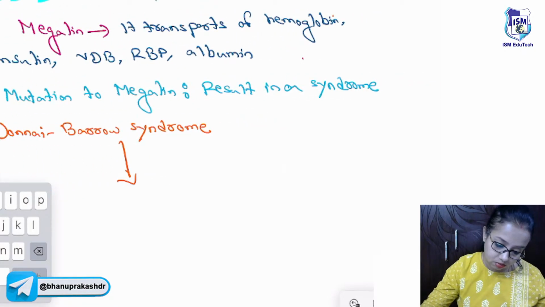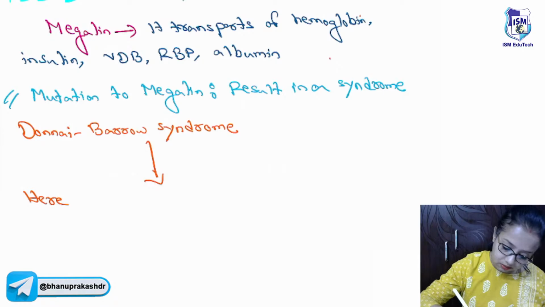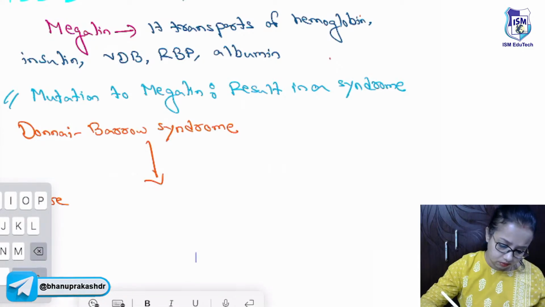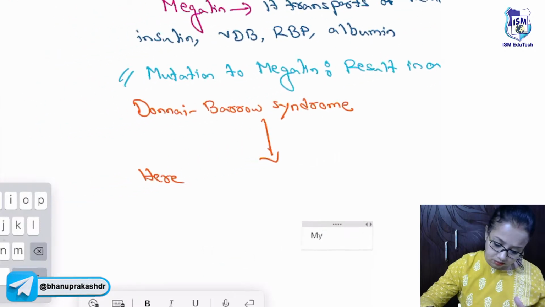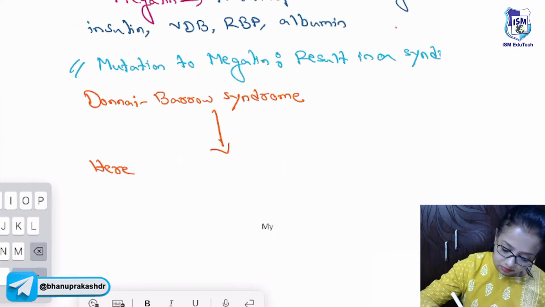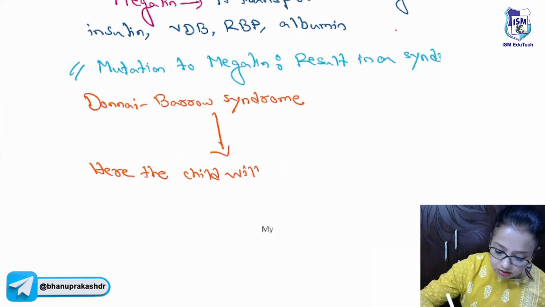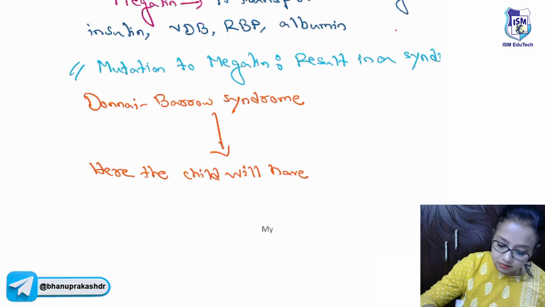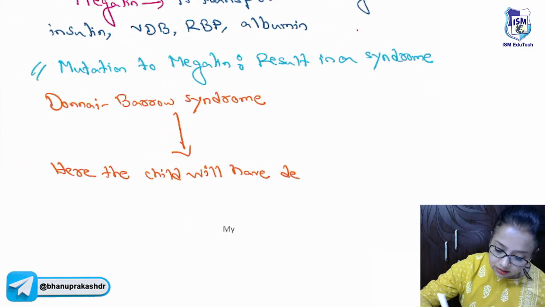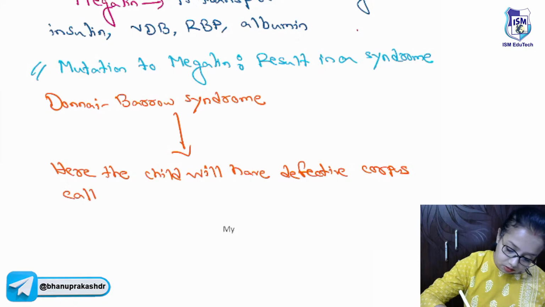So here, the child will have defective corpus callosum.